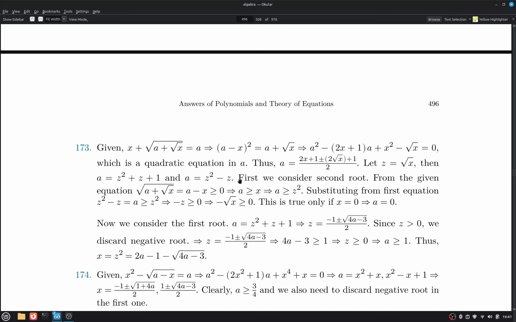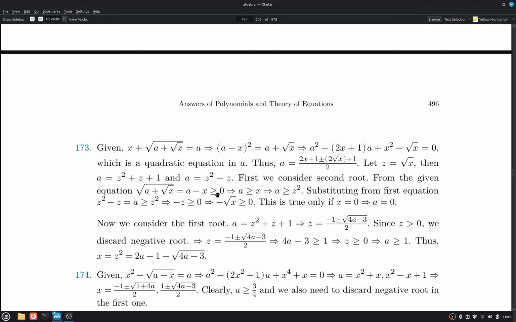Once we have that, first we consider the second root, that is a equal to z squared minus z. From the given equation, what we have is square root of a plus square root of x is equal to a minus x, which would be greater than 0. That means a is greater than or equal to x, that is a greater than or equal to z squared. Now we have z squared minus z is equal to a from this equation.